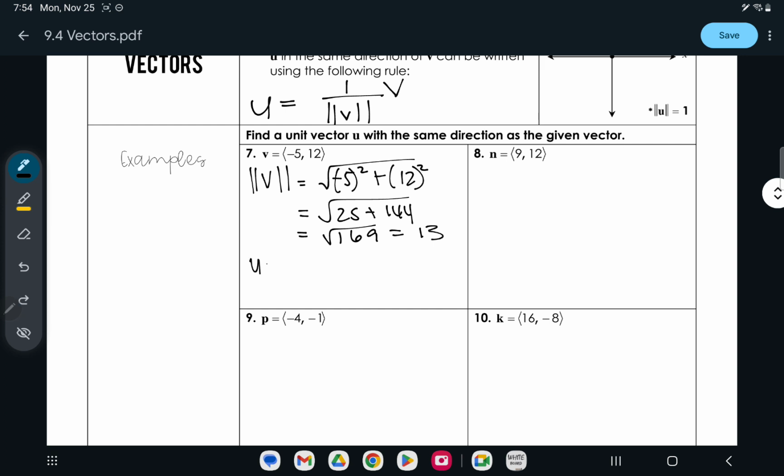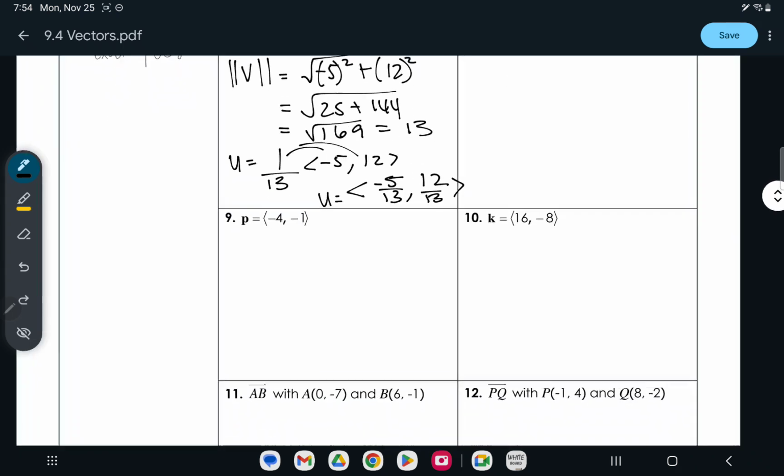So u equals 1 over 13 times v. Well, v is negative 5, 12, so u equals negative 5 over 13 and 12 over 13, because I'm just multiplying.